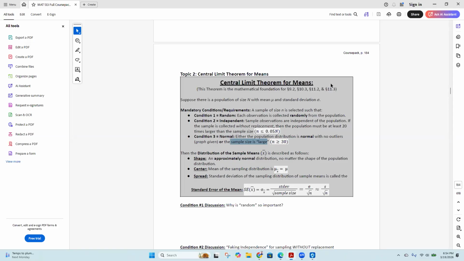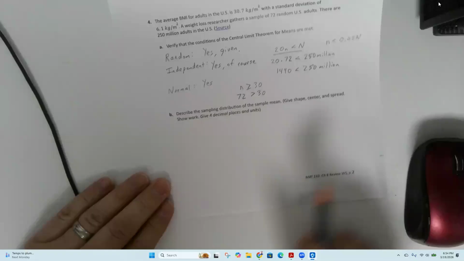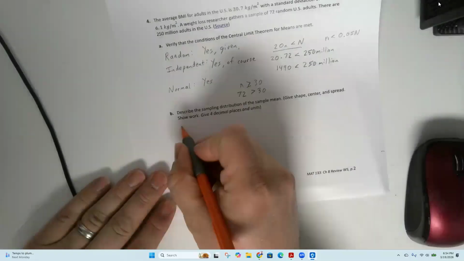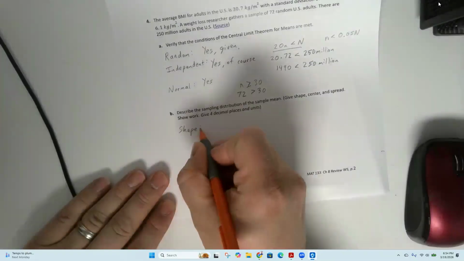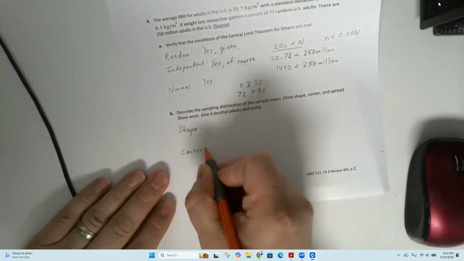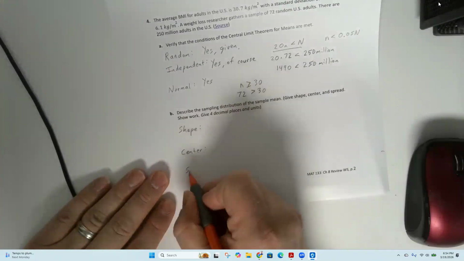All right. So now that we've got that, we can describe the shape and the center and the spread of our sample distribution.